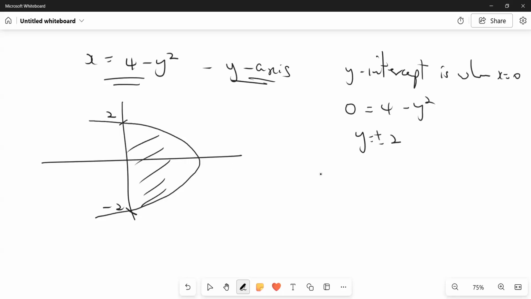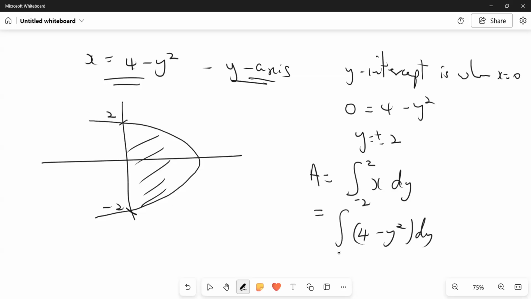Remember we said area equals the integral of x dy from, in this case, minus 2 to 2. So you have the integral of 4 minus y squared dy from minus 2 to 2.